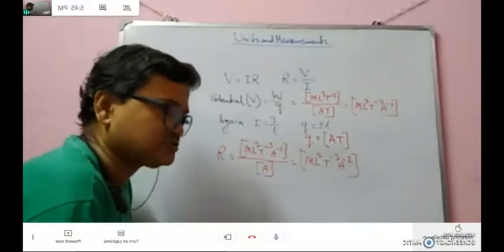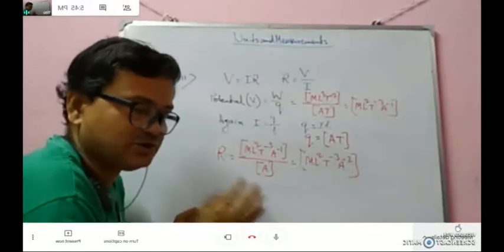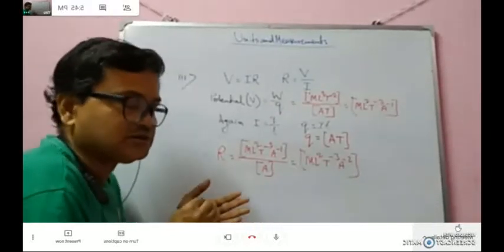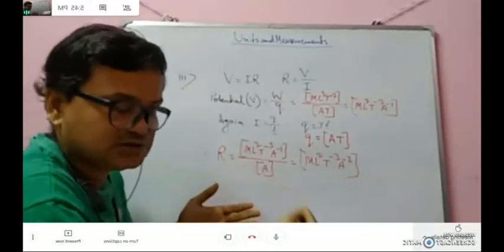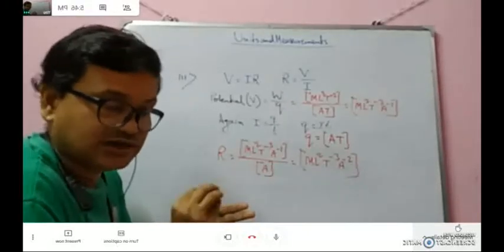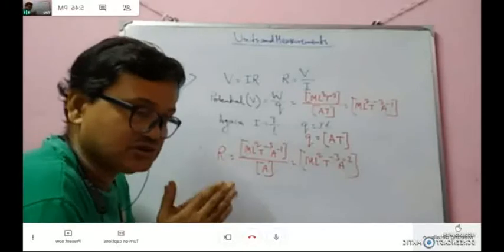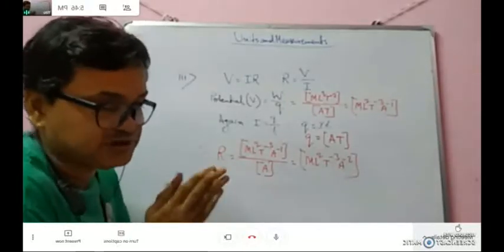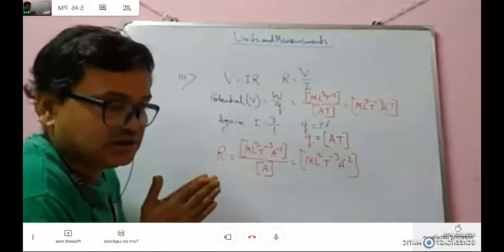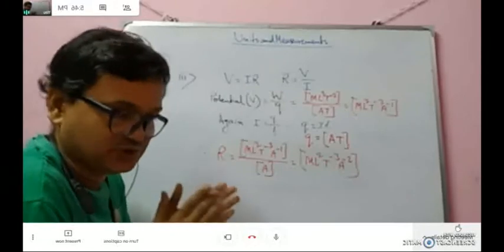But suppose anyone does not know that F equal to ma, and the only information he or she has is that force depends on mass and force depends on acceleration. Then how can that person prove F equal to ma? So this method is known as principle of homogeneity. That is, using dimensional analysis, we can find any formula.